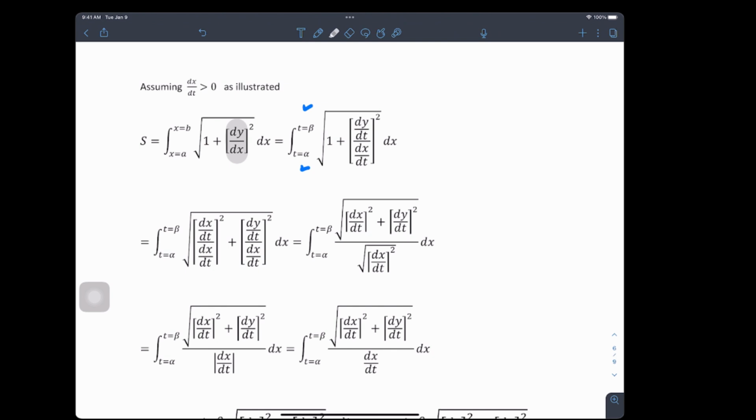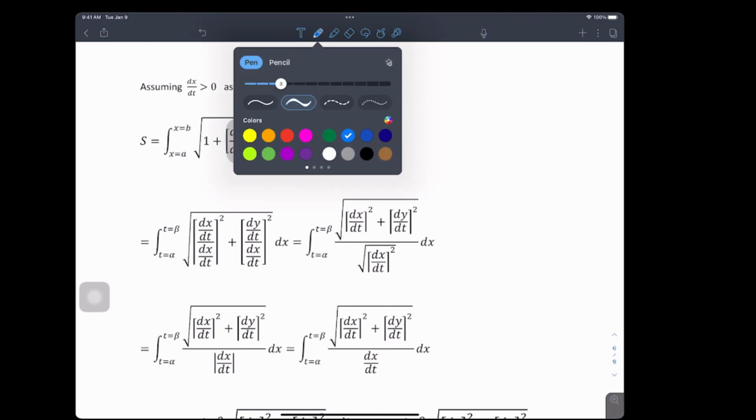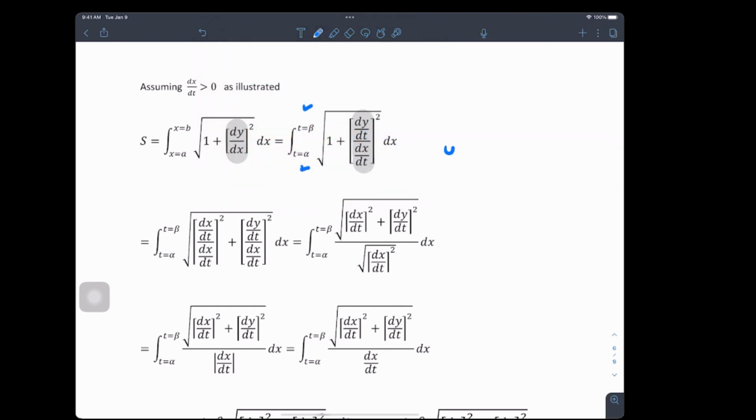What is dy dx? Well, we saw last time, dy dx is dy over dt divided by dx dt, and you're supposed to square that. Take the square root. So now, all I'm going to do here for you guys is use algebra to derive the arc length formula.